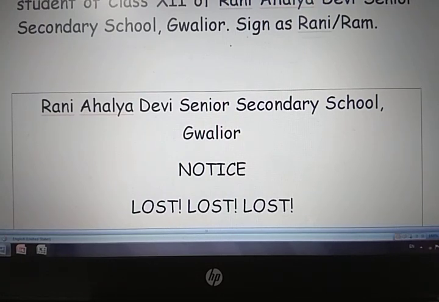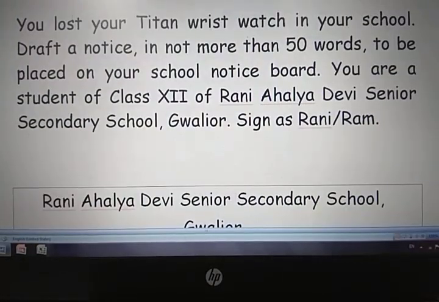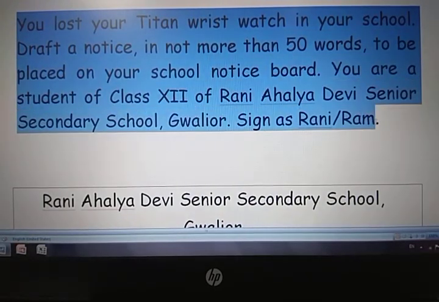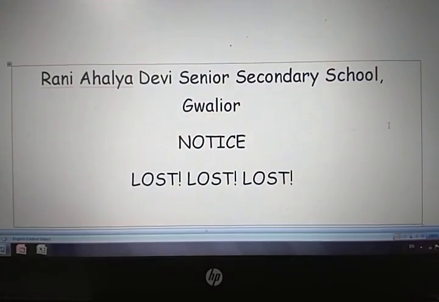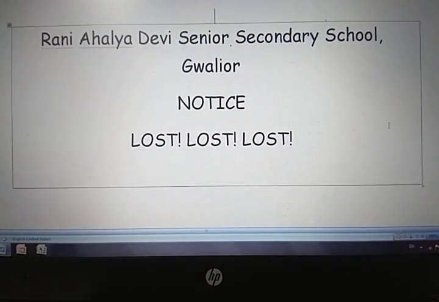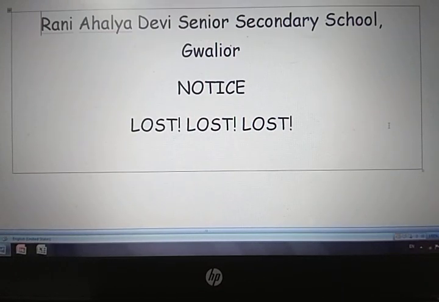Clear? So now how to start this advertisement? Sorry, notice. Always remember, when you write for this column or a notice on something you lost, you need to give some details about the place where you lost it.